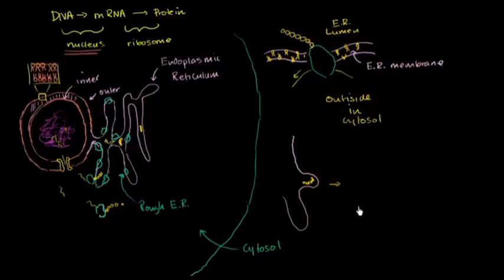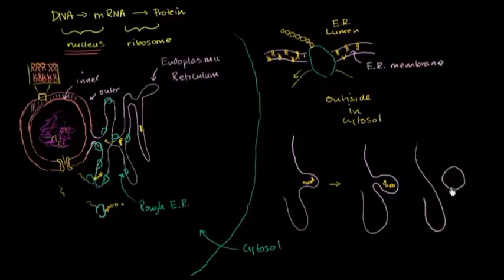It can go from that to that, to that. I think you see where this is going. To that, and then to something like this. Now it has budded out.